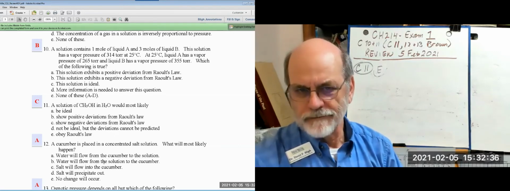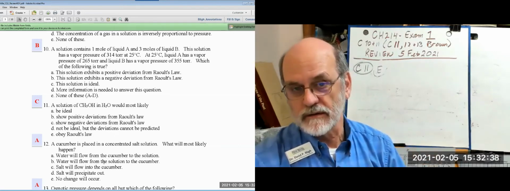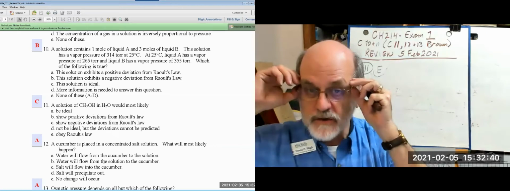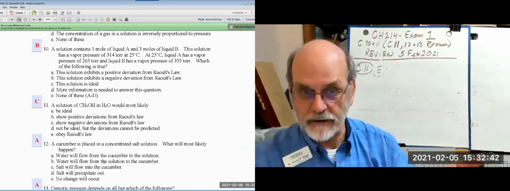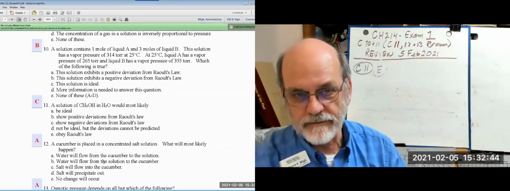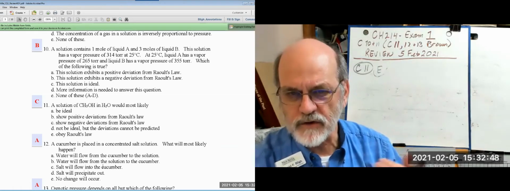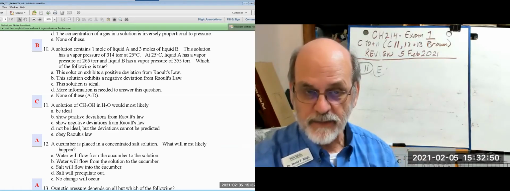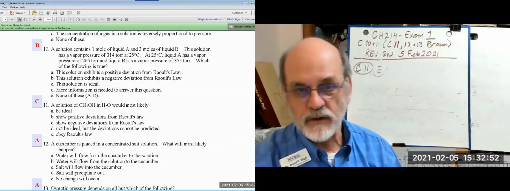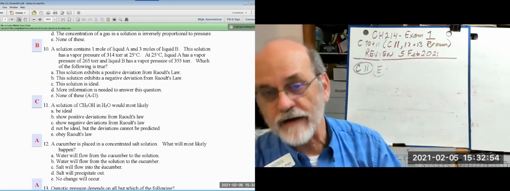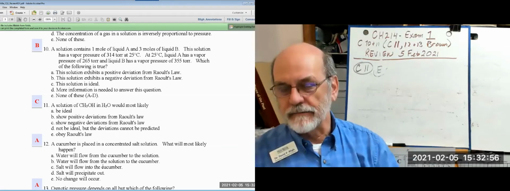What's a torr? It's a millimeter of mercury. 314 millimeters of mercury is the same thing at 25 degrees C. So it looks like temperature's held constant. At 25 degrees C, liquid A has a vapor pressure of 265 and liquid B has a vapor pressure of 355. What does that say?